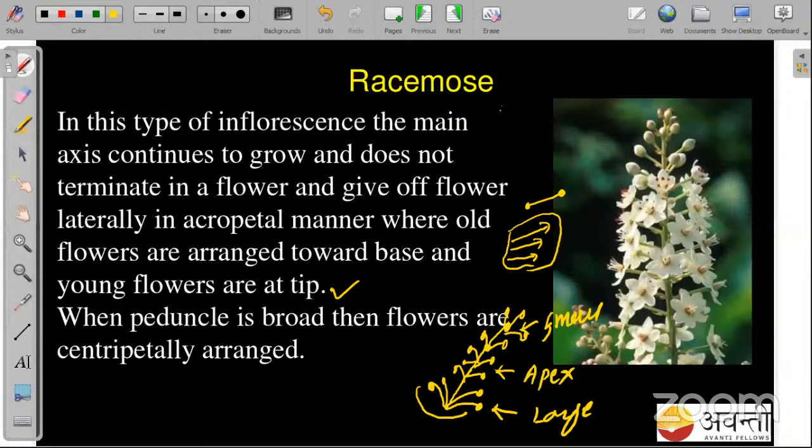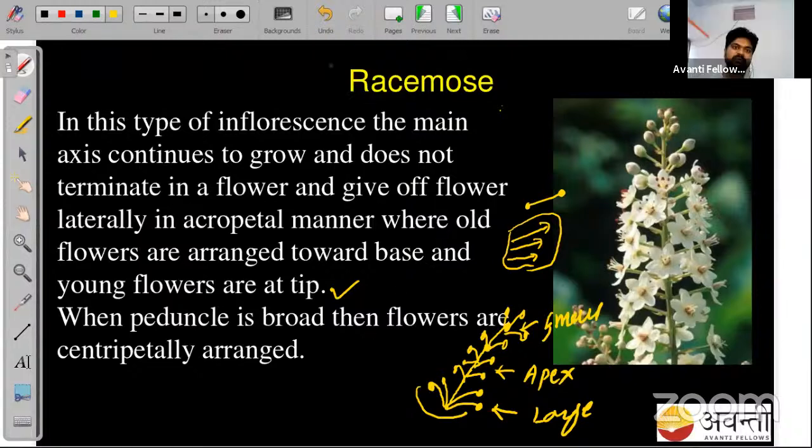Sir, what does peduncle mean? Peduncle is nothing but a stalk. For example, I am drawing a diagram here. This is the flower, and this part is the peduncle.